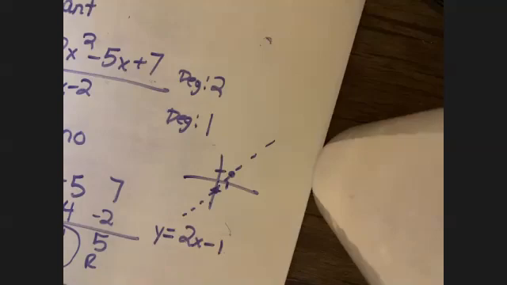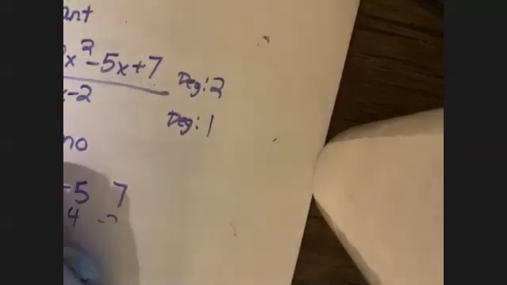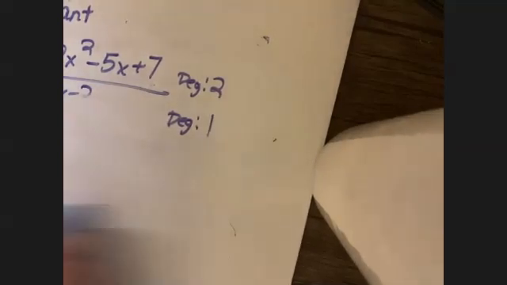Now, when you are getting ready to graph rational functions, my order differs from the book's order, because I want to know personally what stuff is kind of off limits for me, like, don't use these numbers. Let me know that first before I get into the stuff. So my order is vertical asymptotes.